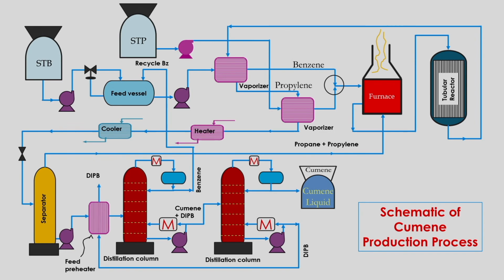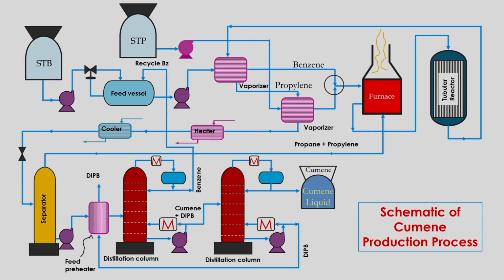So basically cumene is produced from benzene and propylene at a certain temperature and pressure in a particular reactor, and then the product is separated by different separator units like a flash drum and distillation column.